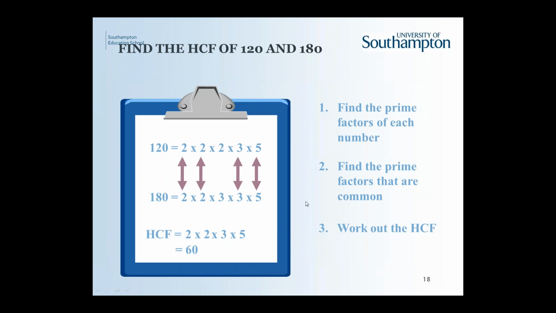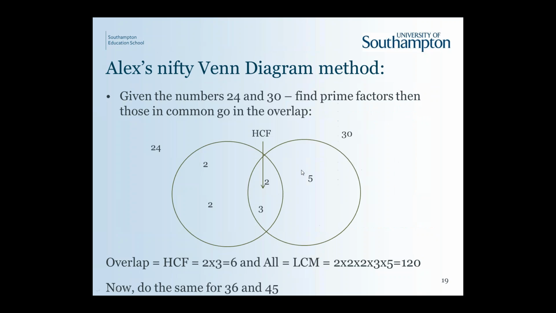So, as Sam was saying, as a Venn diagram, this is the 24 and the 30. You write out the prime factors that we had. So 24 is 2, 2, 2 and 3. 30 is 2, 3 and 5.